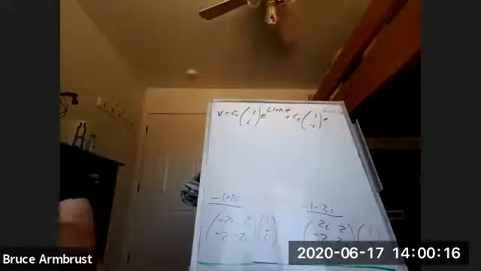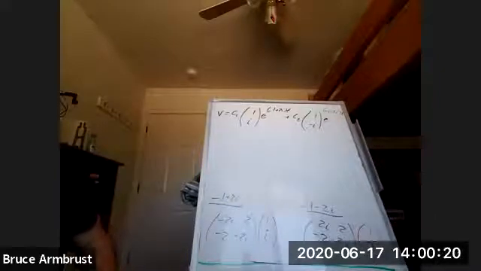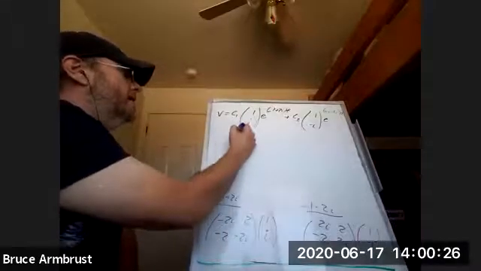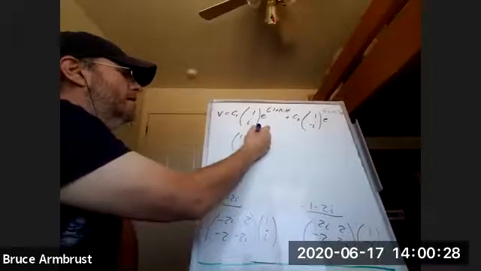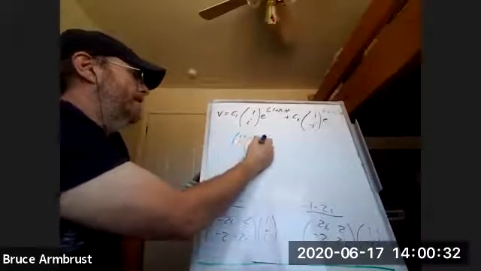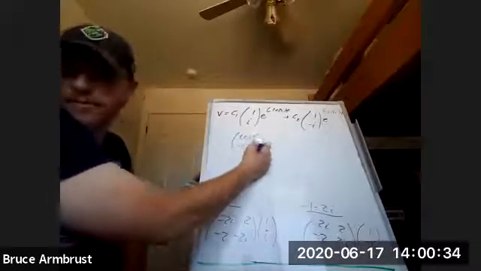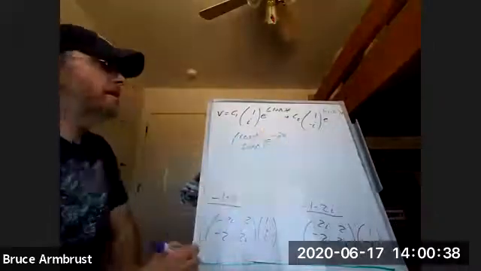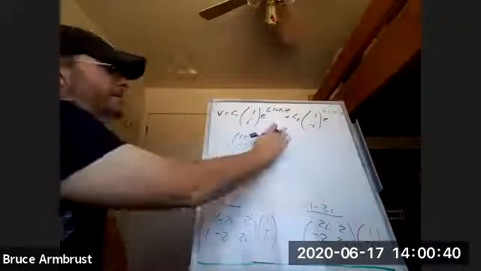Okay, so if you go through all the work, all the heartache, what we end up finding is we get a cosine t, a minus sine t, times e to the minus t.